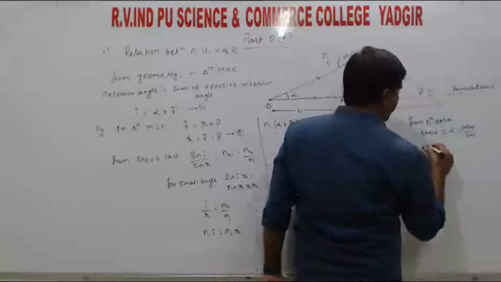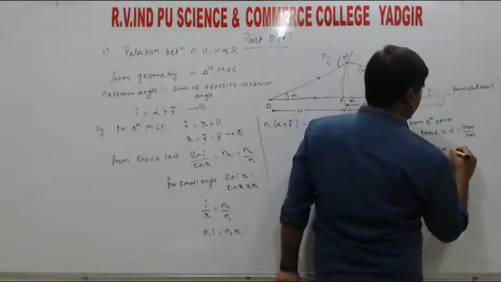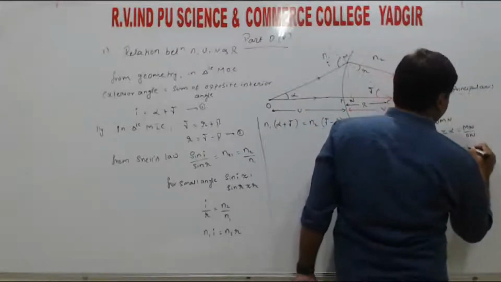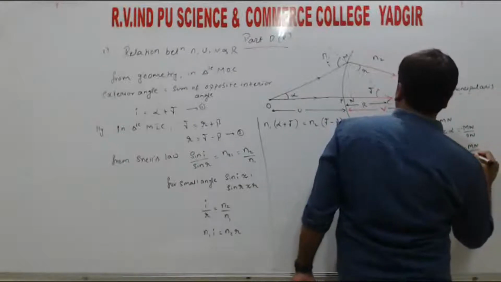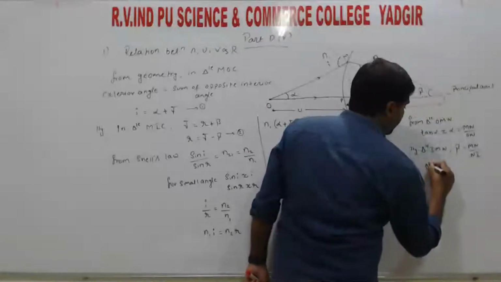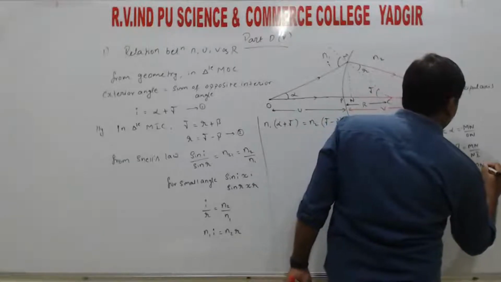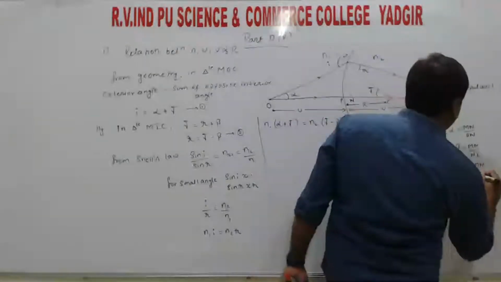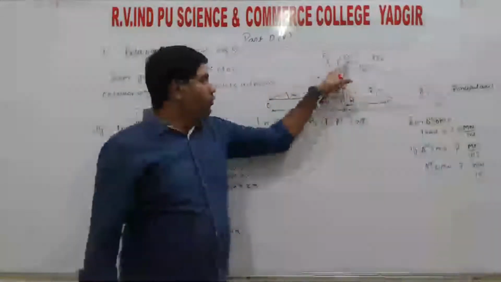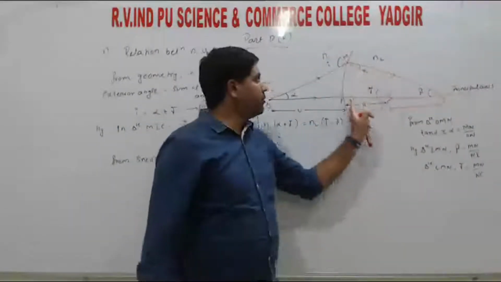So similarly, from triangle IMN, tan beta, that is equal to beta, that is equal to the opposite side MN by the adjacent side NI, right? So again from triangle CMN, gamma is equal to MN by NC, right?